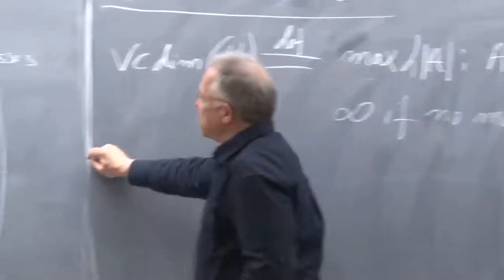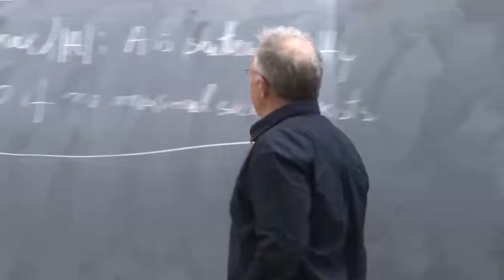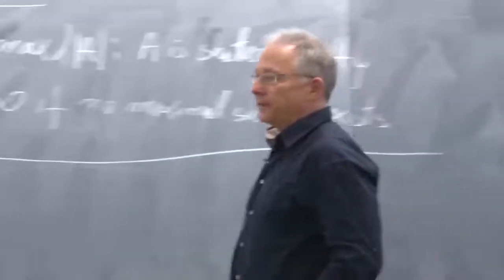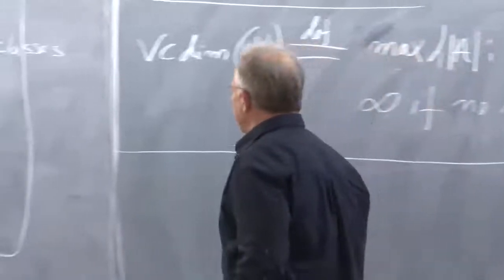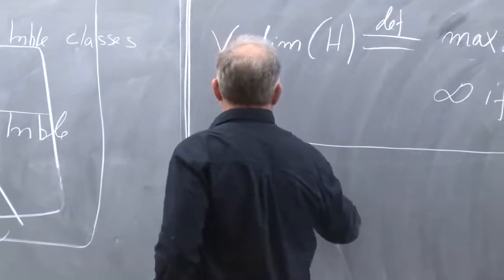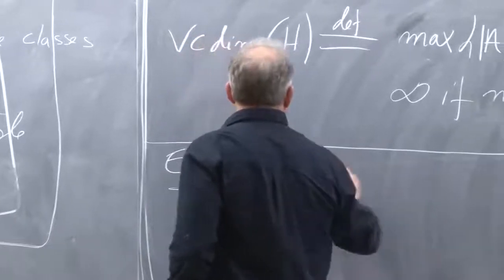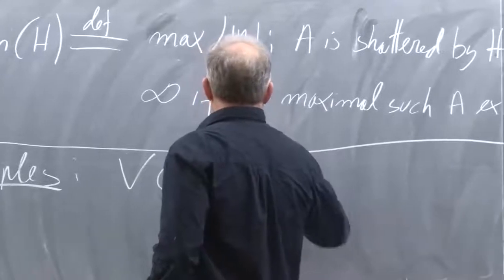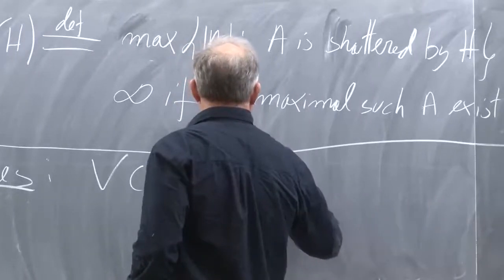So we have a definition, what is the VC dimension, which relies on the notion of shattering. Let's go back to our examples. What is the VC dimension? So now we have some examples. What is the VC dimension of H threshold?